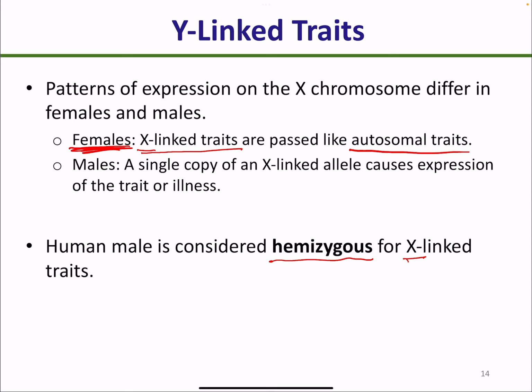Okay? While in males, the males are going to have a single copy of the X chromosome and no equivalent in the Y chromosome. Okay? And again, this is what we call hemizygous.